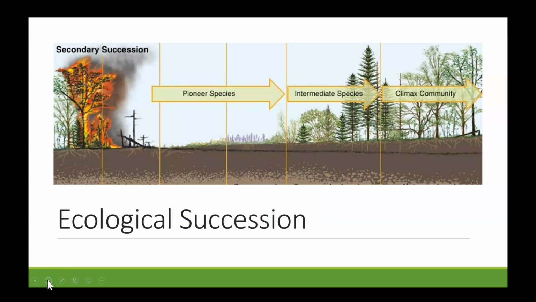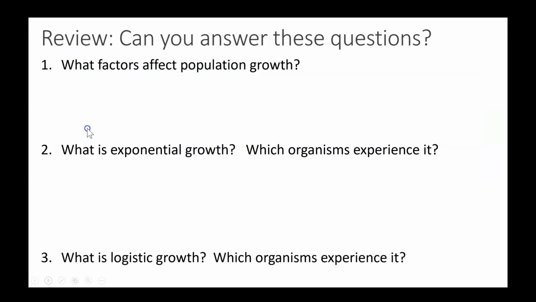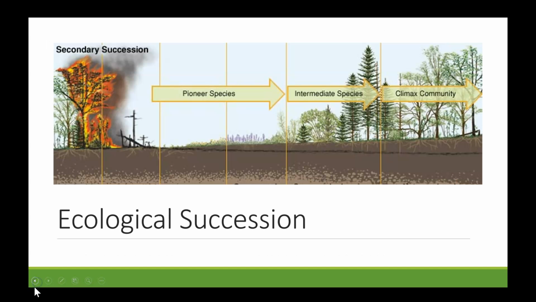The second form of succession is secondary succession. It's going to follow the same pattern. I just want to make a note that this is going to be caused originally by some type of natural disaster like a forest fire or something that levels the community, and then we're going to follow this same pattern of a pioneer species.